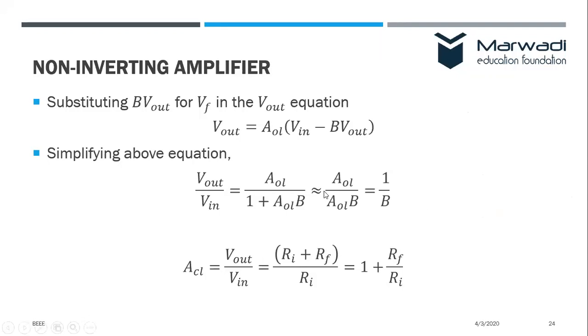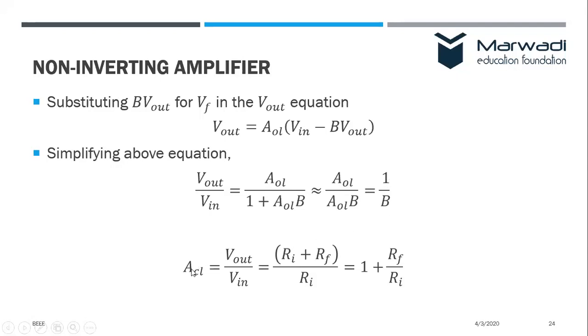But as we know, AOL is actually very high, like 1 lakh or higher. So the multiplication of AOL and B is much greater than 1. So we can neglect the 1 here. So we get AOL upon AOL into B. AOL and AOL will be cancelled, and we have 1 upon B here, right?